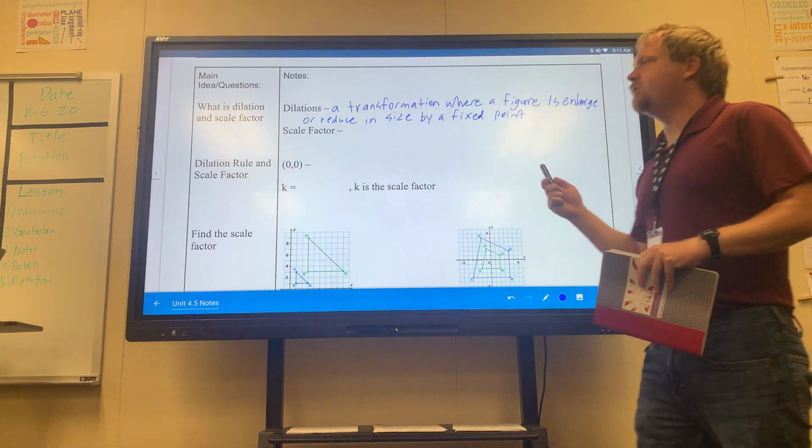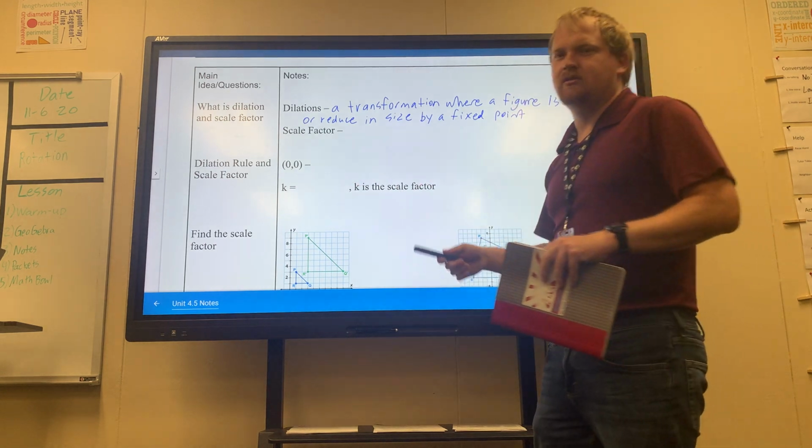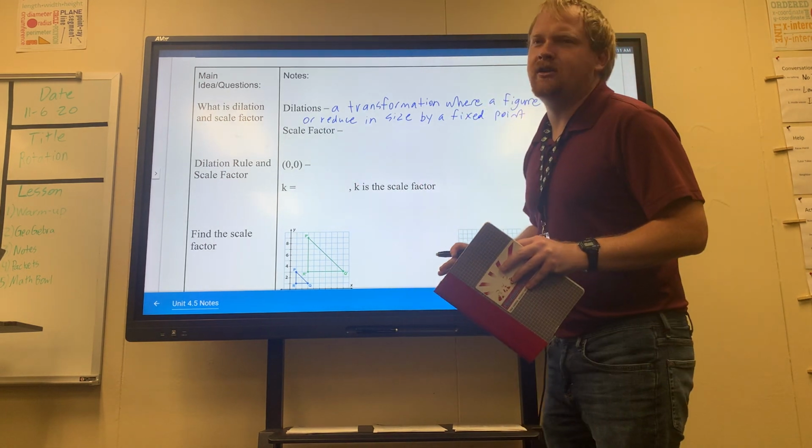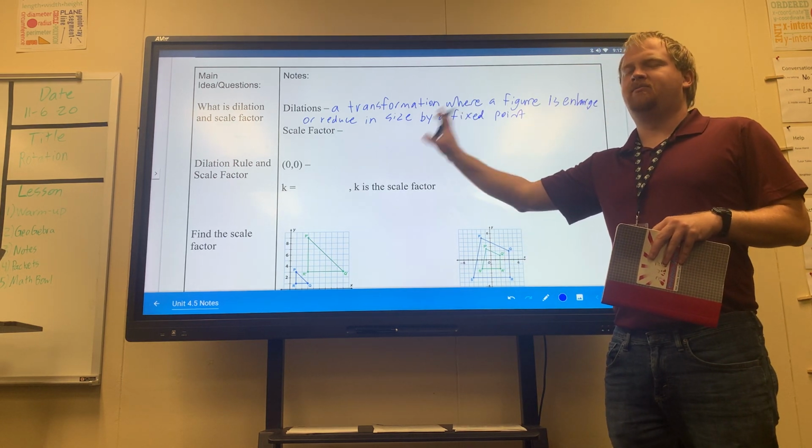And that fixed point is always going to be at the center, or at the origin, which is (0, 0). Okay, so we don't have to worry about any other type of dilation at a certain point. We just got to worry about the ones at the origin.